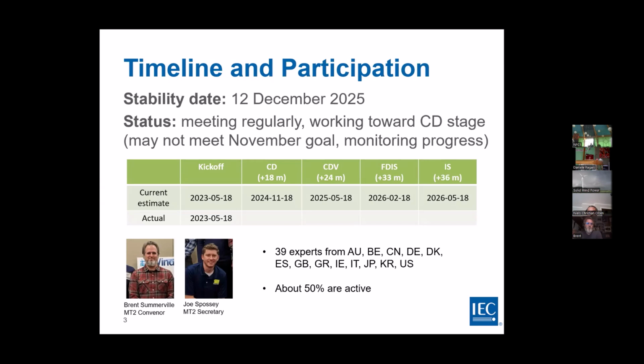We realize these are the standard recommended timings from IEC: 18 months after kicking off would be a standard target for a CD, and then 2 years to resolve comments and get to a final standard, 3 years after kickoff. There's quite a bit of work with our expanded scope, so we are conscious that we may not meet this November goal, but we're pushing forth regardless.